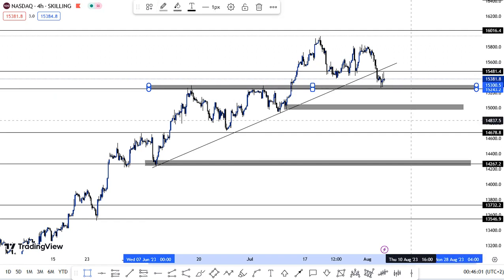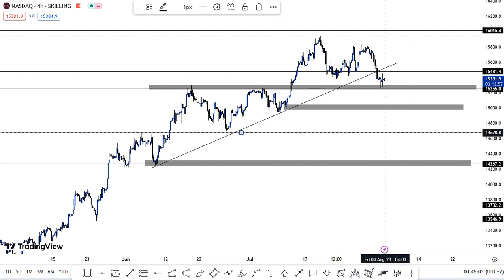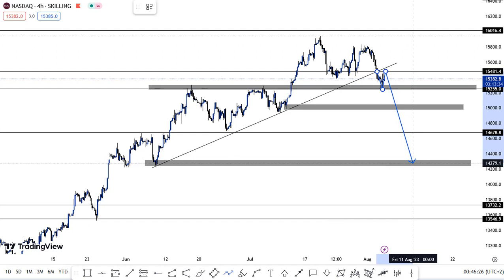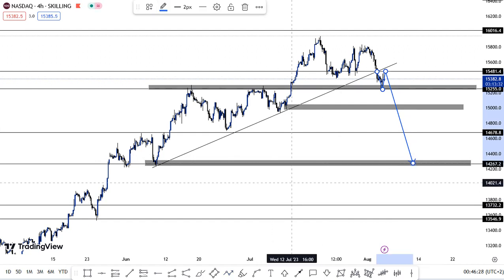You see, that's the power of demand zones and supply zones, resistance and support. Here we see that we broke this trend line and then retested here. As you can see, this is a retest from that zone at the top. So it tells us we have a chance of coming here where the trend line started.